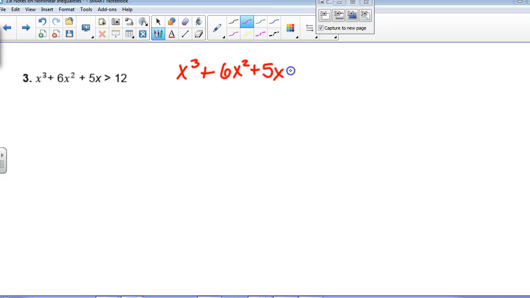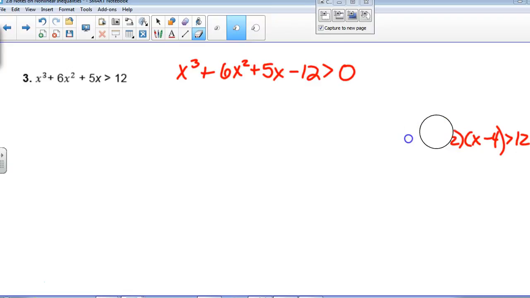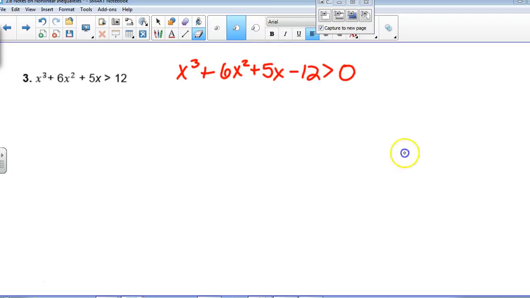You can't separate it. You can only compare things to 0. If I had this, which I doubt it works, I'm just making something up, if it said that, that means nothing, right? Because I can't say X is greater than 12, X minus 2 is greater than 12. It doesn't work. You can only compare things to 0 because these don't multiply to make 12.